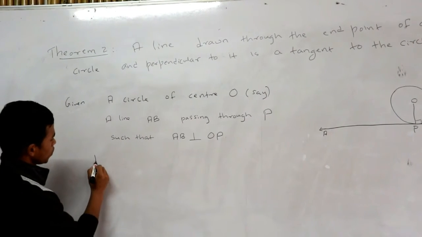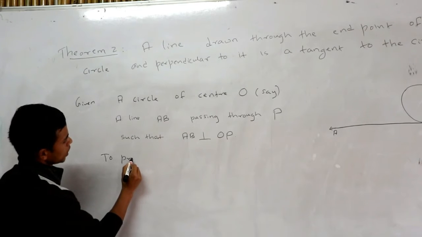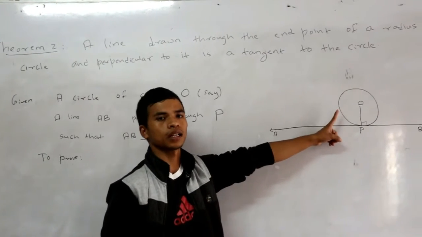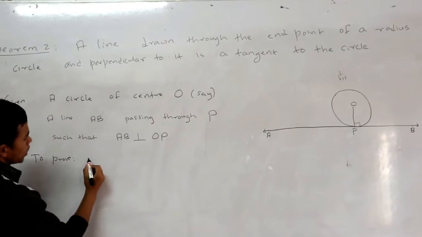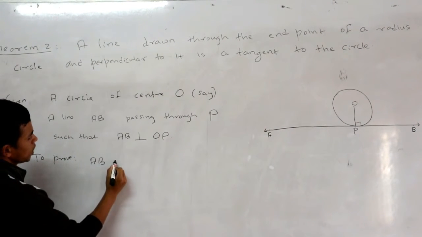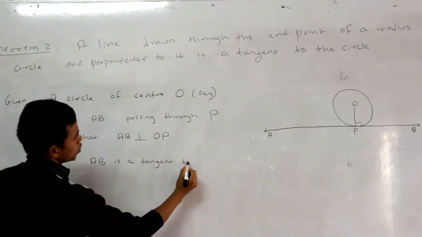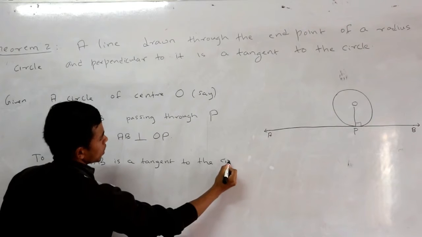Now what we have to prove is that this line is a tangent to this circle. That is to show that AB is a tangent to the circle.